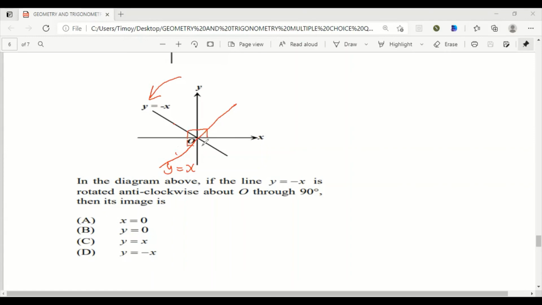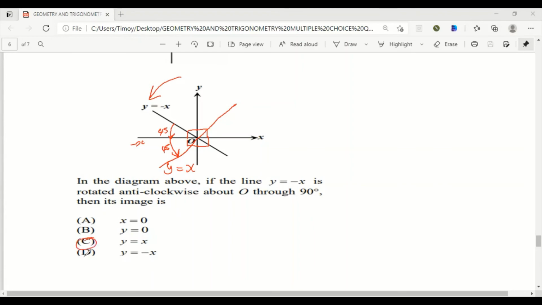Now this line is halfway between y and negative x, so halfway between 90 would be 45. If you rotate it from this point to the negative x-axis, that gives you 45, and if you rotate it halfway more, that gives another 45. So 45 plus 45 gives us 90. That's a rotation of 90, and that gives us this line, which is just y equal positive x. Therefore, the answer is C.